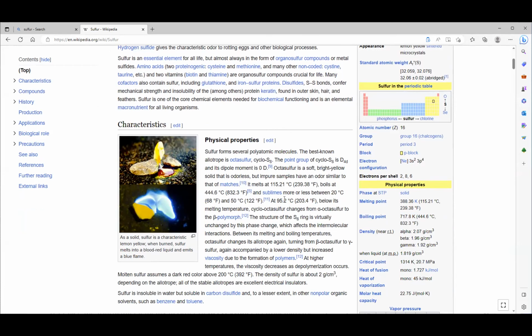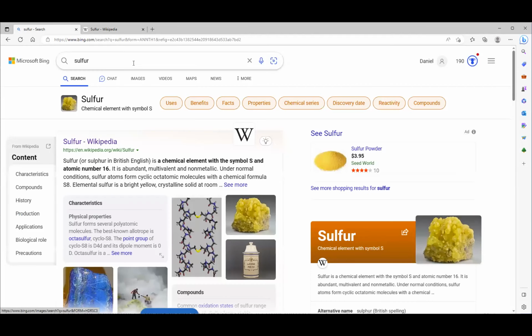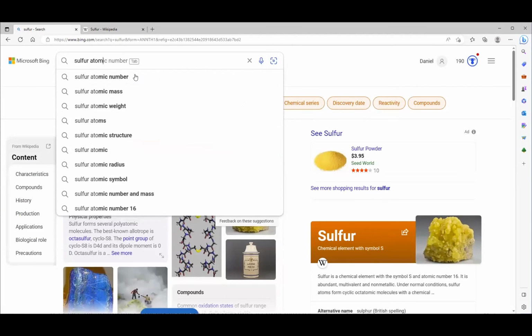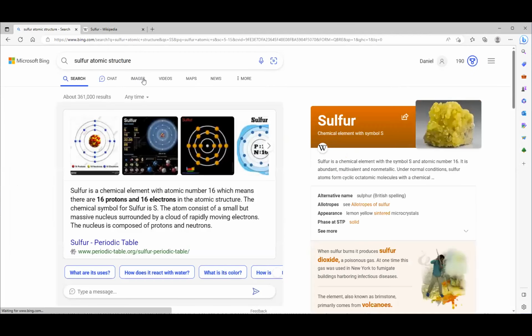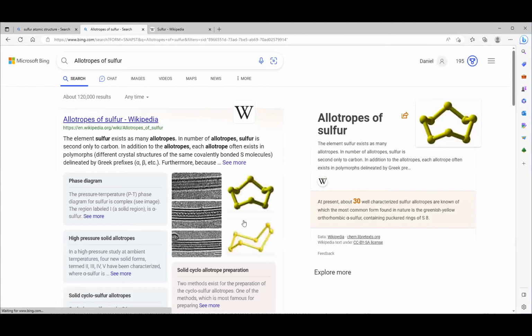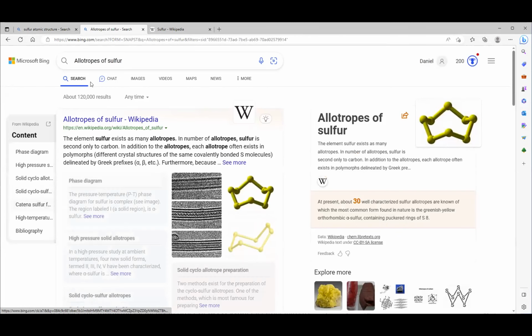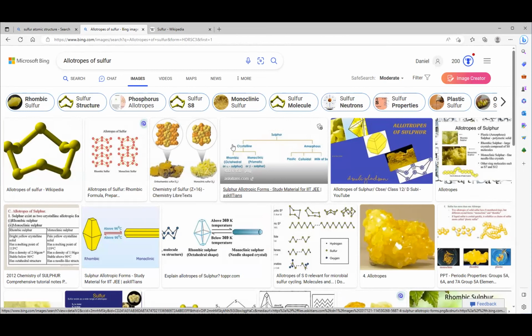It gives a little information about its different properties and whatnot. Maybe put in atomic structure. No, that's going to give us the individual, maybe allotropes of sulfur here. Few images of allotropes. And there's a sulfur bond there.